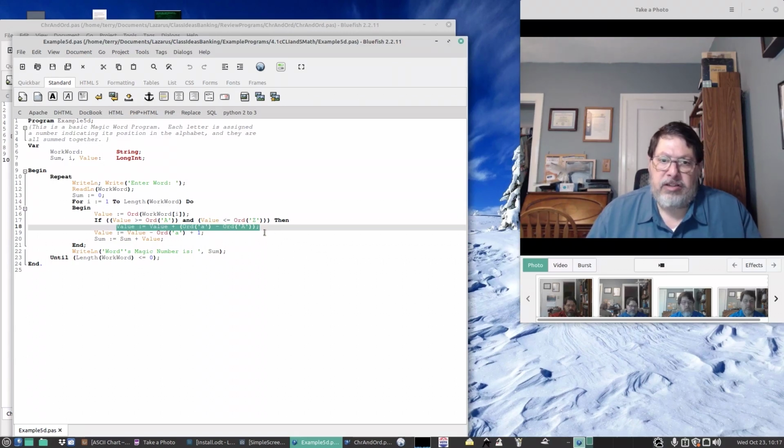This is what is called a magic word program, which basically sums up the positional value of all the letters together. It's a cute little toy program. Nothing special. You may see other programs that do something similar. And this is what sums up the value.